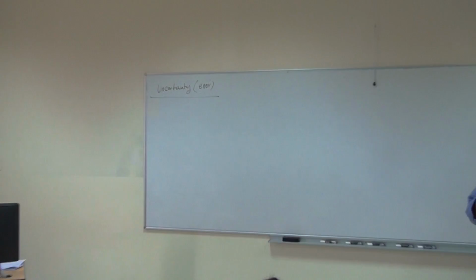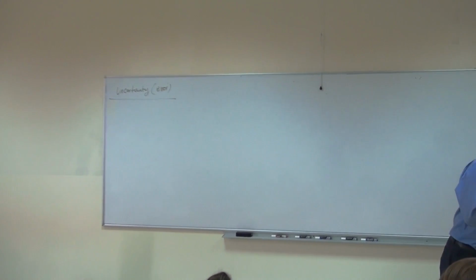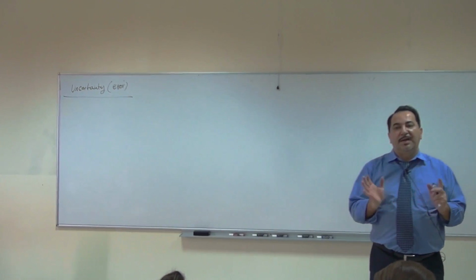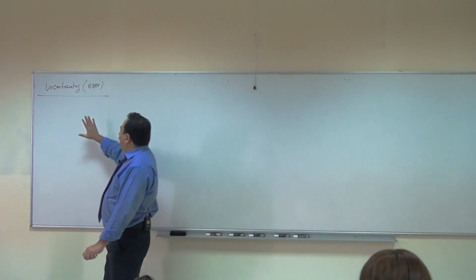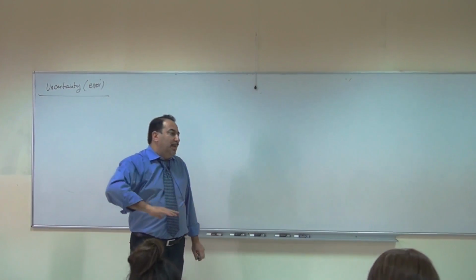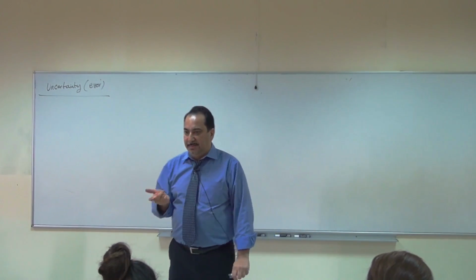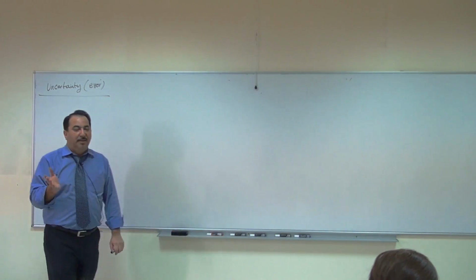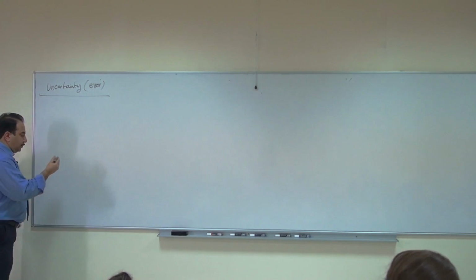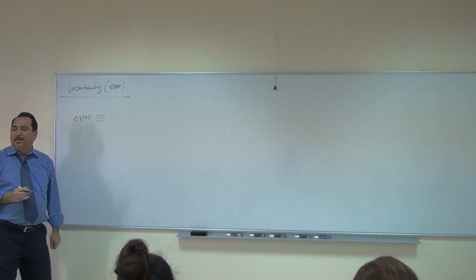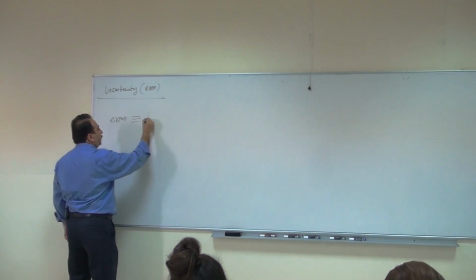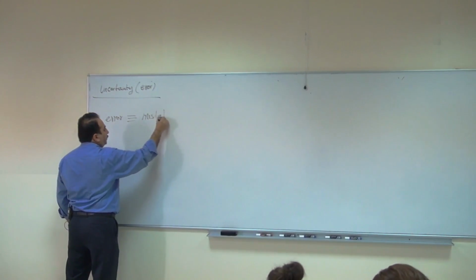So you can say, what's the uncertainty? Or find the uncertainty or find the error. I'll tell you something which you mustn't think is right. Some of you think that the word error is equivalent to the word mistake.